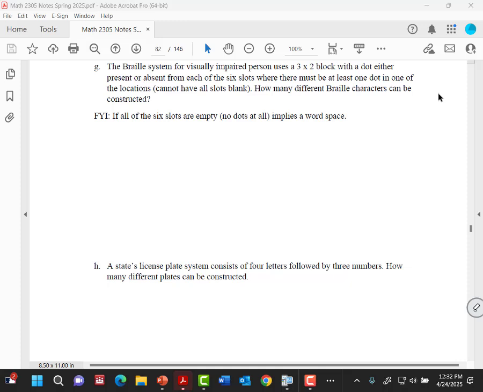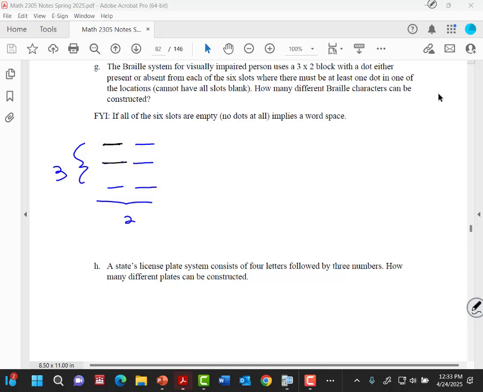So let's see how this is constructed. If you're familiar with what Braille might look like, it's a 3x2 block. And each of these, a dot is either present or it is absent, more or less, okay? I either put something in the spot or I don't. And so I wish to simply attempt to compute how many different characters can be constructed.